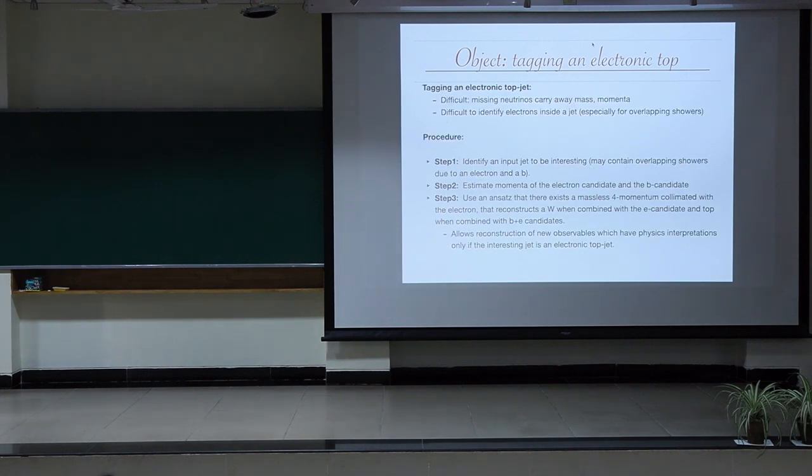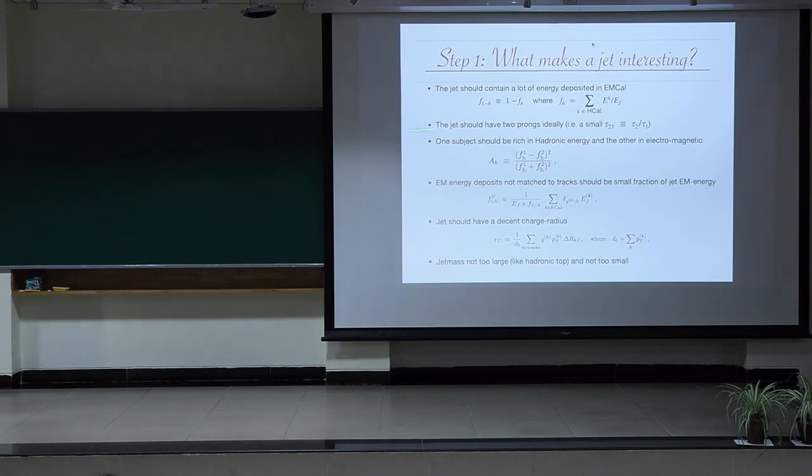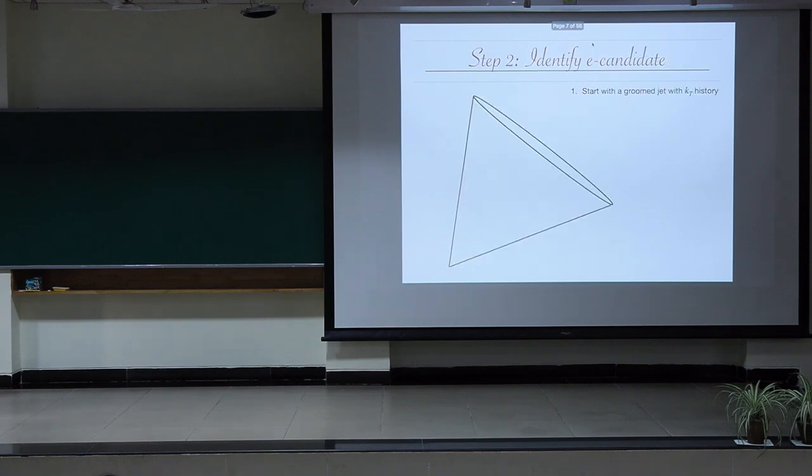So the procedure is really simple, right? You have lots of jets; you first identify what you call an interesting jet. For example, a jet with a large amount of energy in the EM cal is an interesting jet. Then once you have identified an interesting jet, you say which portion of your jet is electromagnetic rich. You do that by declustering jets in the usual sense.